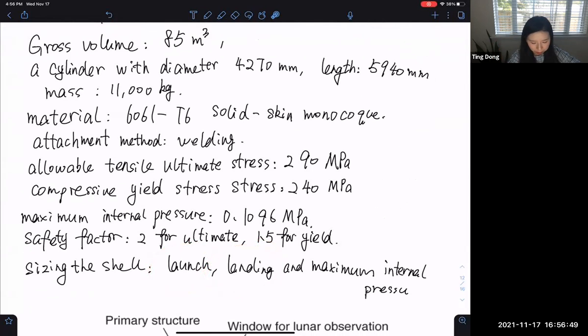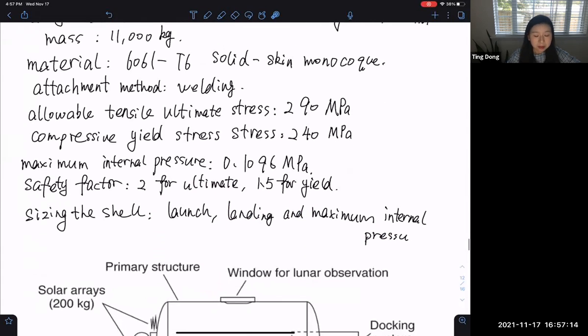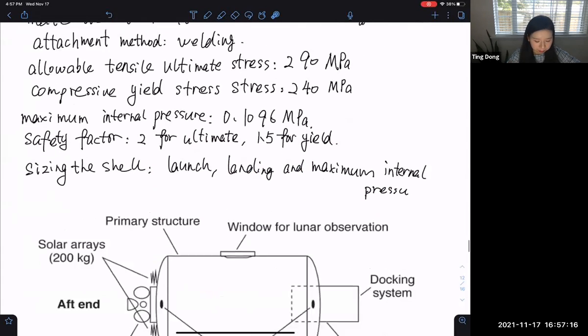The internal pressure is this one, and the outside pressure is 0. With this maximum internal pressure, is the structure safe or not, what is the thickness needed? And during the launch and landing, what is the thickness? And we choose whichever is highest, so it can be safe for all three critical situations. This is the basic idea of the structure analysis.